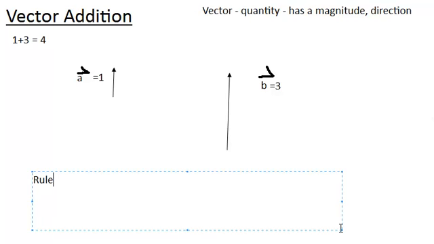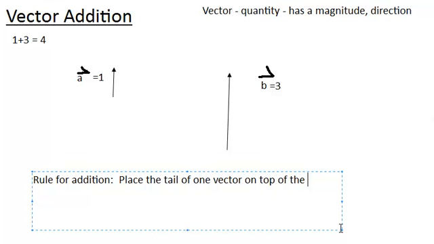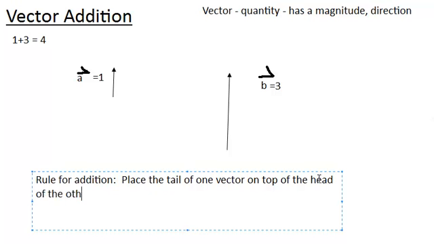The rule for addition is to place the tail of one vector on top of the head of the other vector, if there are only two, and we'll deal with multiple vectors later on. But for now, we're just going to be dealing with two vectors.